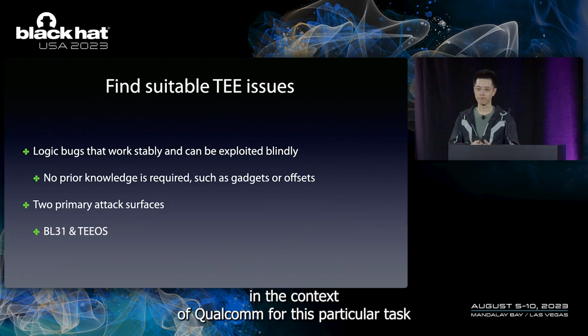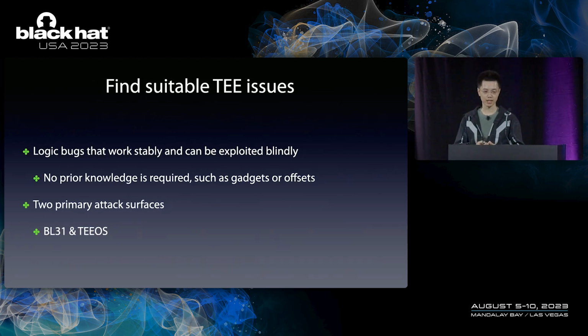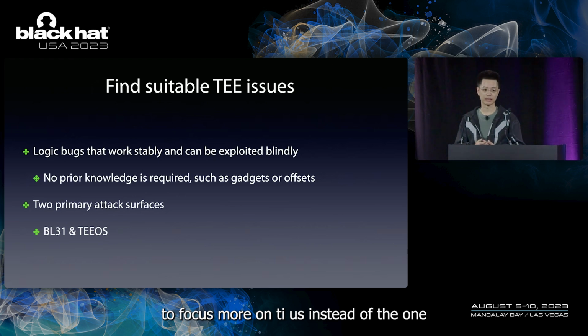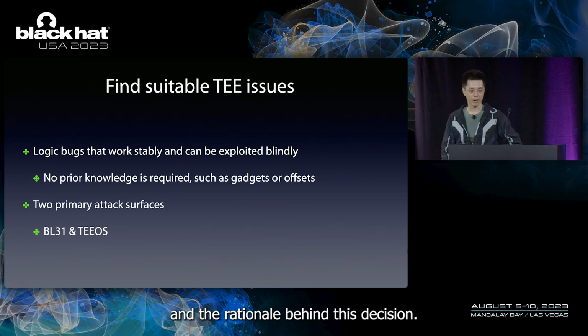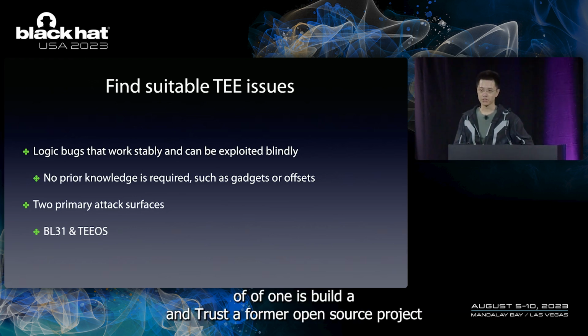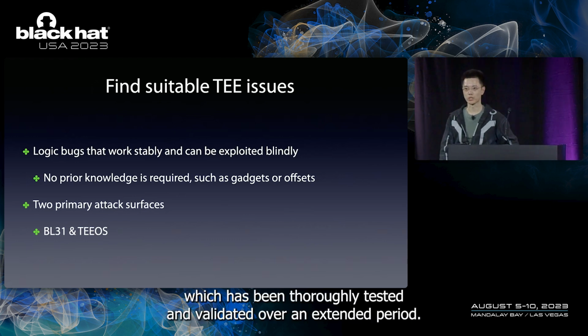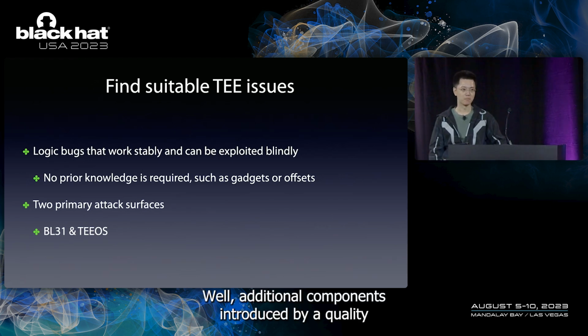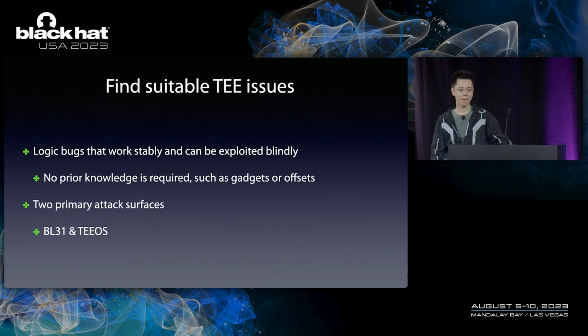In the context of bug hunting for this particular task, I opt to focus more on TEEOS instead of BL31. And the rationale behind this decision is as follows. BL31 is built upon the ARM Trusted Firmware open source project, which has been thoroughly tested and validated over an extended period, while additional components introduced by Huawei may have vulnerabilities.